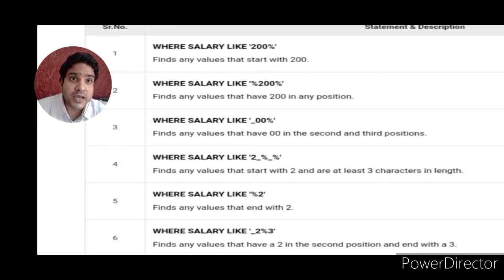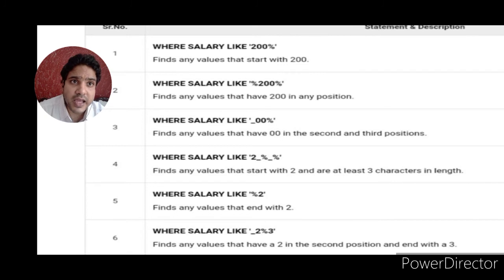The second is where salary like '%200%', which means 200 may be anywhere in the string. 200 may be in the middle, maybe at the start, maybe at the end. This percentage shows the positions of the characters, how many characters may be before the 200 and how many after the 200.